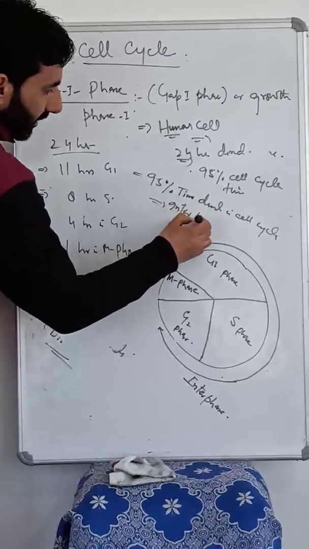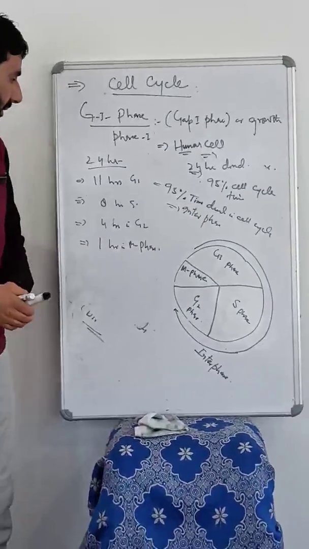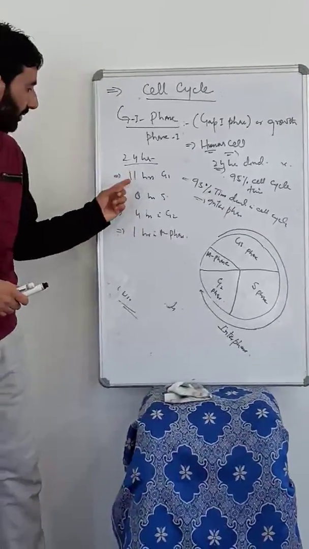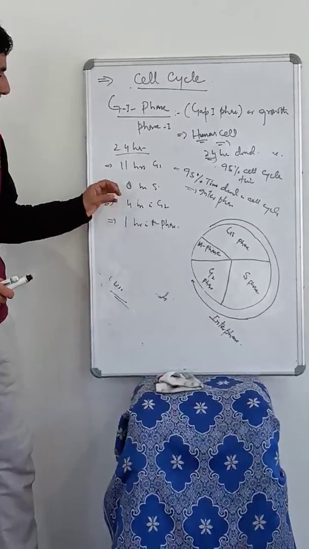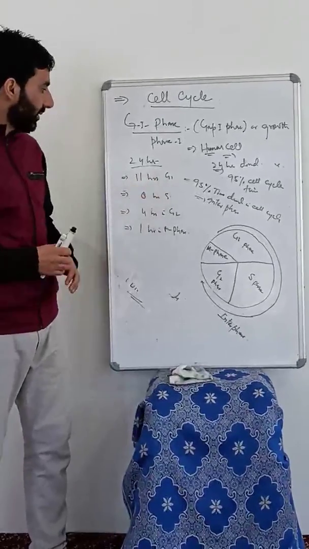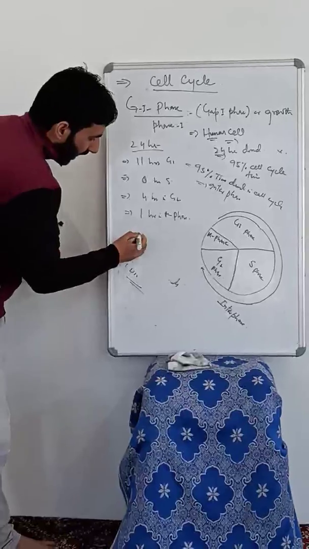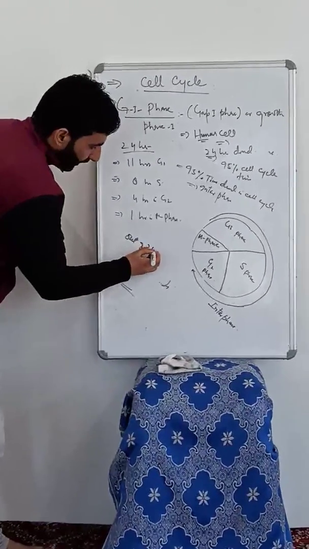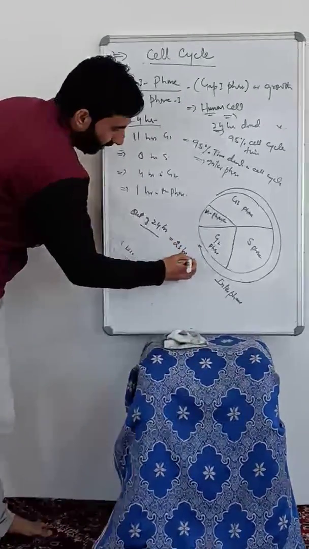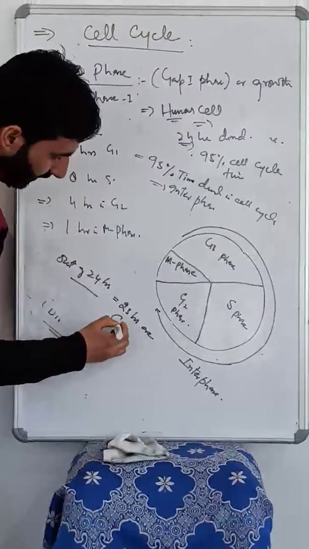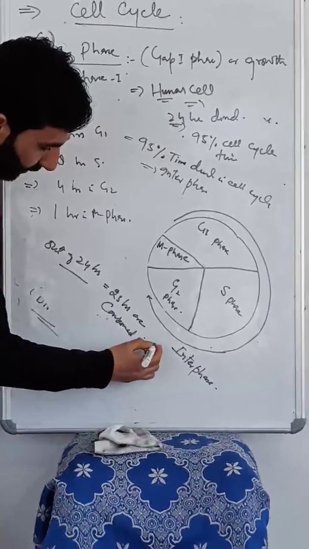You are now seeing here, 95% of the time is consumed in the interphase. If we count it, 11 plus 8 plus 4 comes to about 23 hours out of 24 hours. So 23 hours are consumed in interphase.